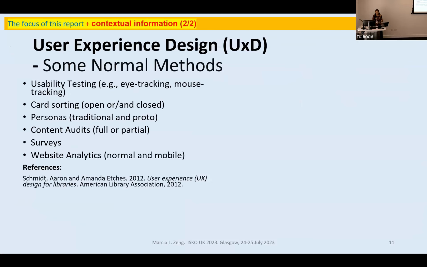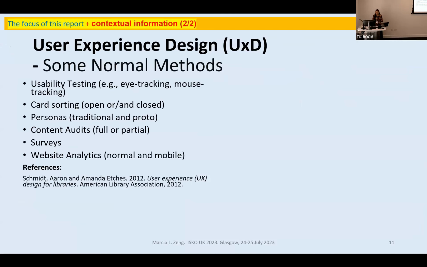Another piece of contextual information is about user experience design. There are some normal methods referenced in a 2012 book, UX Design for Libraries. It's very useful. It's mainly usability testing, card sorting, personas design, content audit, survey, and website analysis.